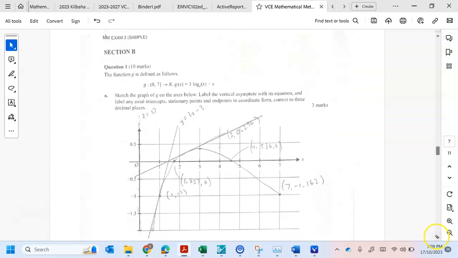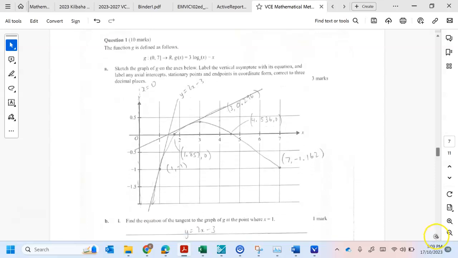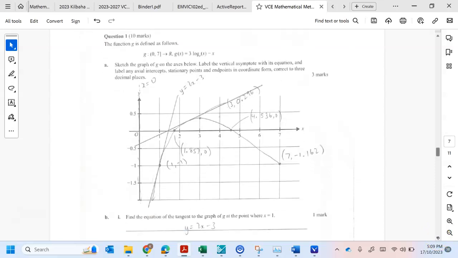All right, so now we're looking at the extended response questions. Just going to have a quick drink of water. All right, so here we've got to sketch the graph of G. Just take note of this restricted domain. And when we're sketching it, we have to label the asymptote with its equation.